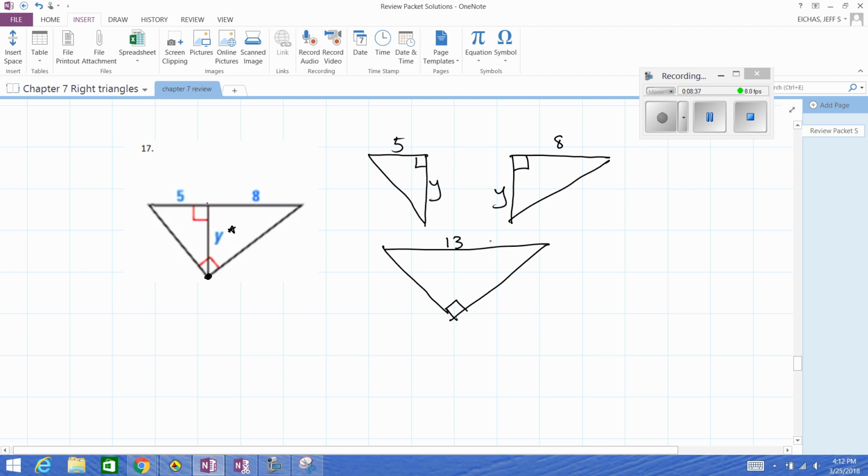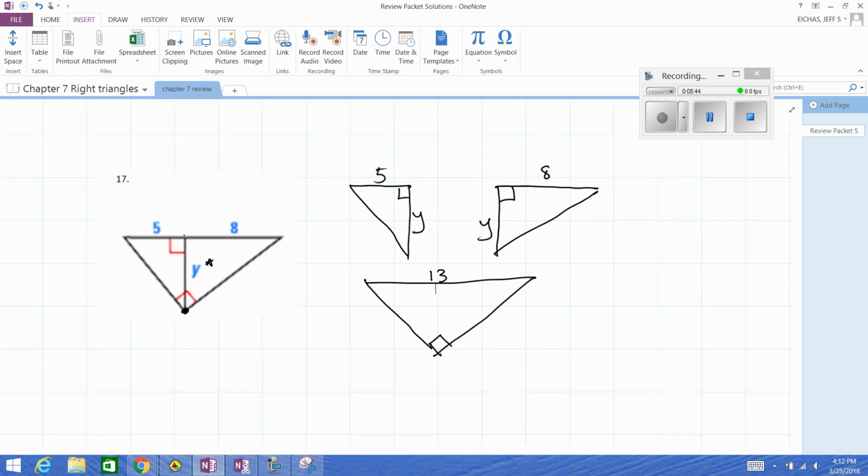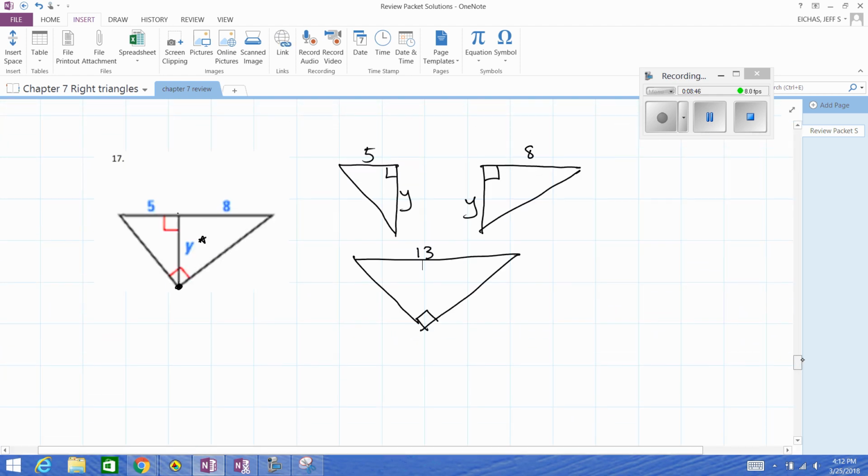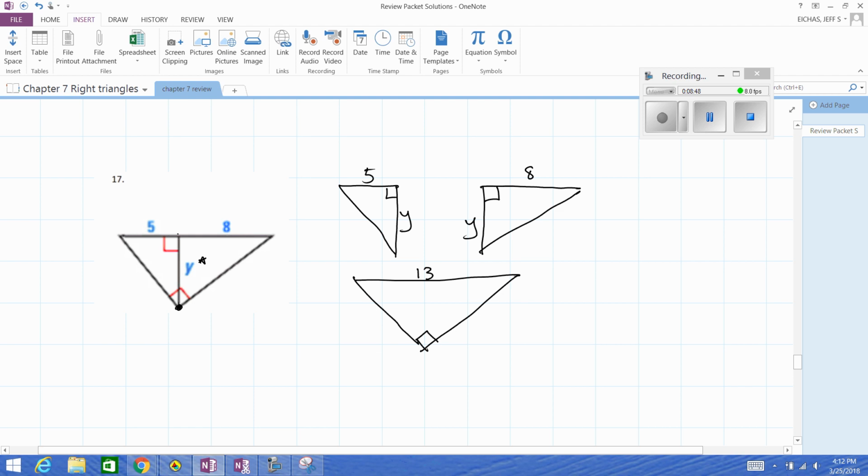Now, for number 17, what we have to recognize is for the smaller right triangle, the piece on the hypotenuse is always smaller than the altitude. So this is the smallest leg of the smallest triangle.